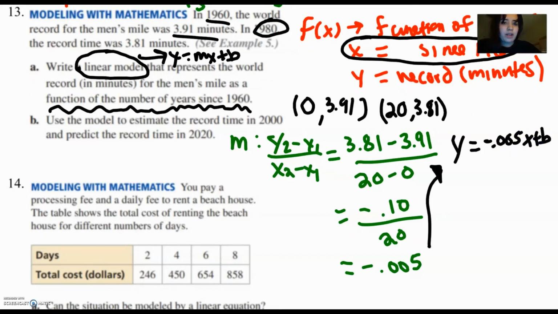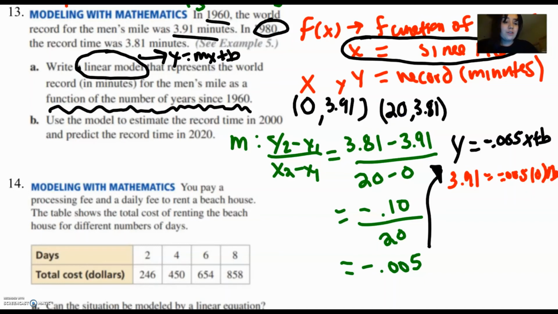Now we're plugging in our x and y, so I'm going to use 0 and 3.91 for our x and y. So we'll get 3.91 equals negative 0.005 times 0 plus b.